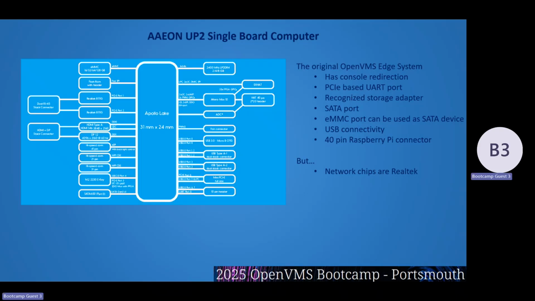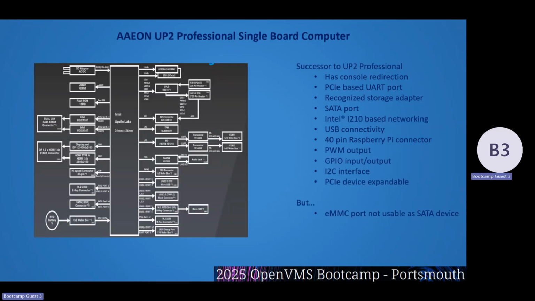And at the time, I was corresponding with the people in VSI that were involved with this Skunkworks project. Because I had talked to the Aon folks, I got a pre-release of what the specs were for the UP2 Professional. And when you looked at that, it looks very similar to the UP2. It has a PCIe-based UART console redirection, the same type of SATA port.